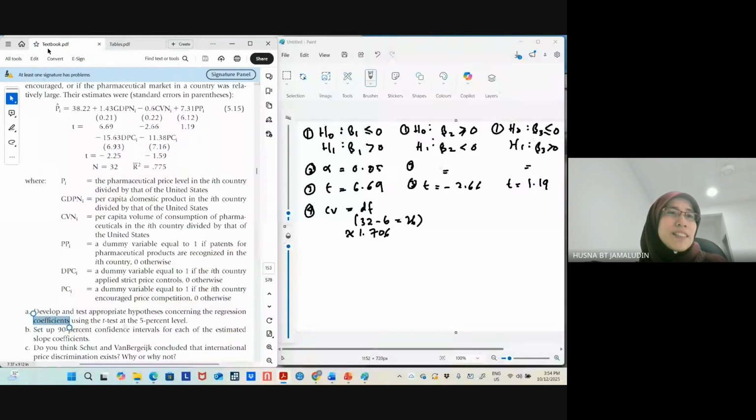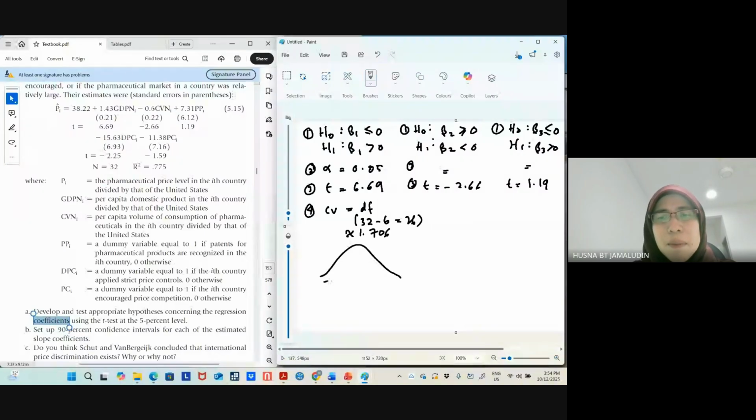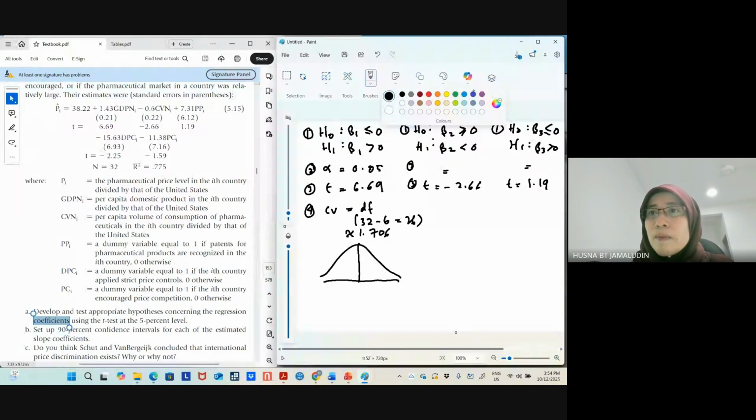Okay, so draw your diagram as big as possible. I cannot draw it bigger because my space is very limited. Okay, so the sign of your CV will follow the H1. So here, if your H1 is bigger, your CV will be positive.